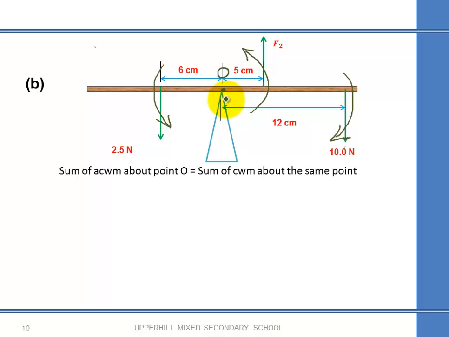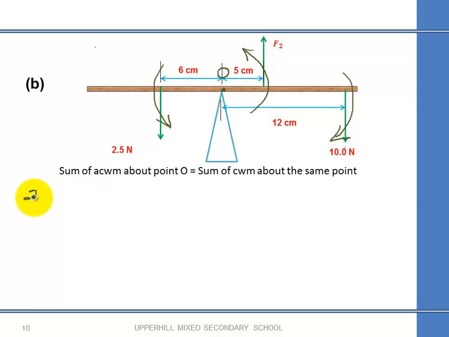So we start by calculating the moment due to the 2.5 Newton force about point O, and it will be 2.5 times 0.06. Remember, this is the distance from the turning point, which is perpendicular to the line of action of the 2.5 Newton force.